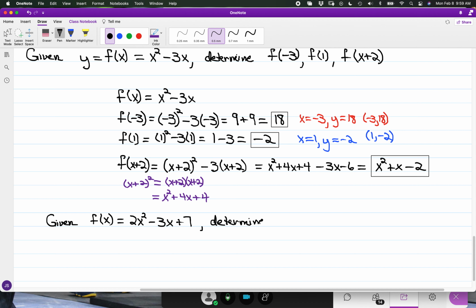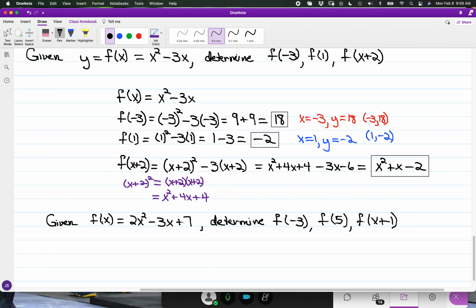Let's see what we get for f of negative 3, f of 5, and also f of x plus 1.